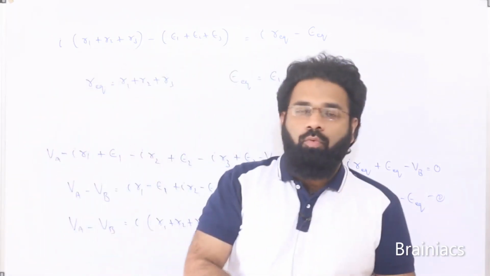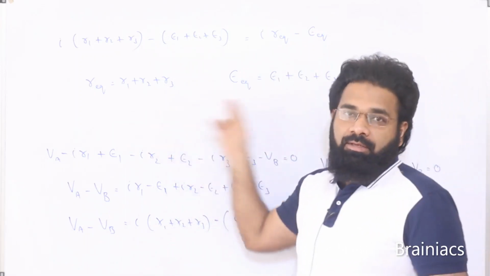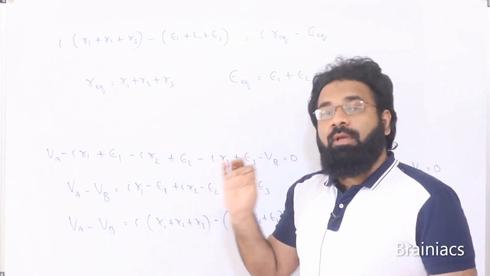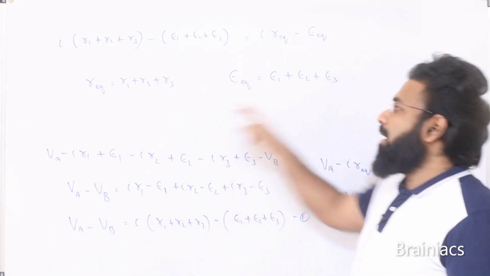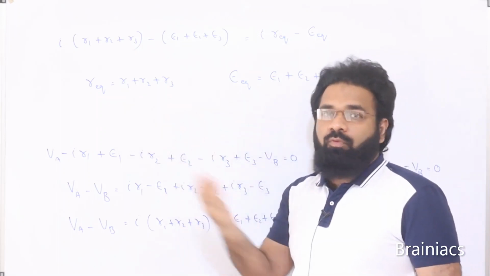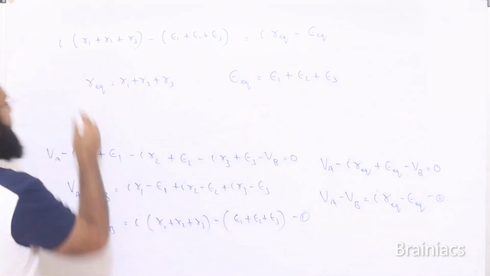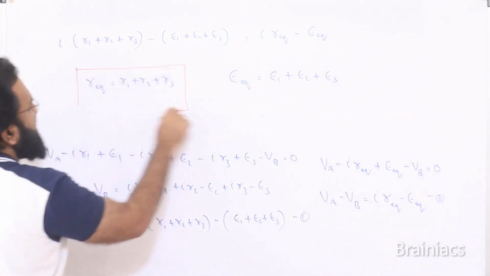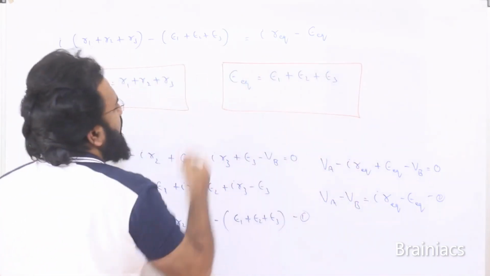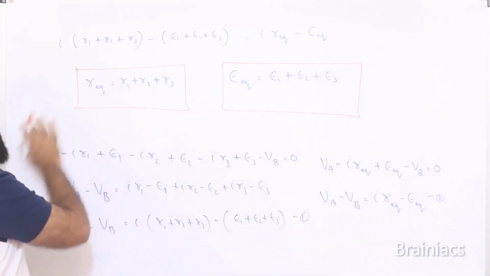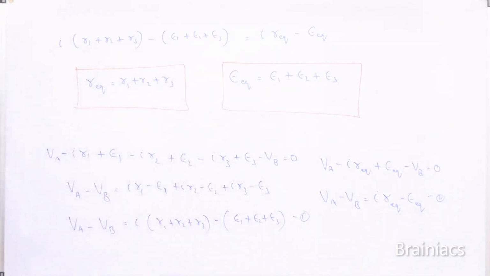So what we are understanding from here is, if cells are connected in series and they are in the same polarity, simply we can add them, and obviously internal resistance we can add if they are in series. So when cells are connected in series, this is how we get the equivalent internal resistance and the equivalent EMF. Clear? Note it down.